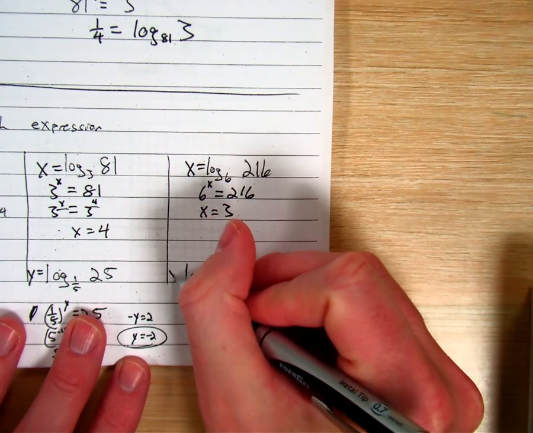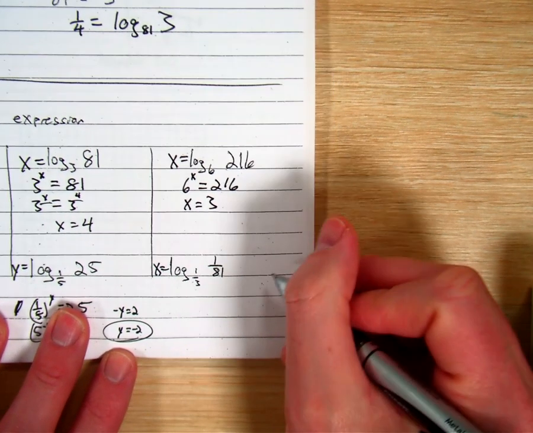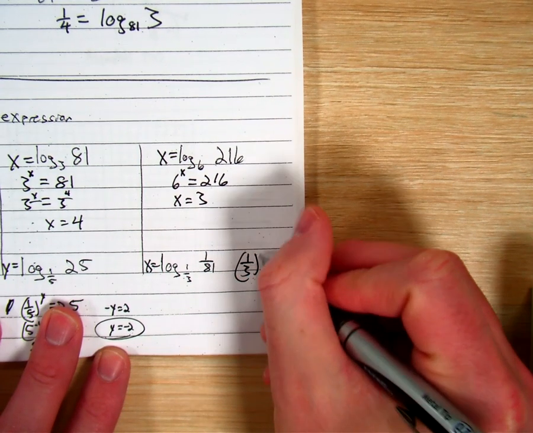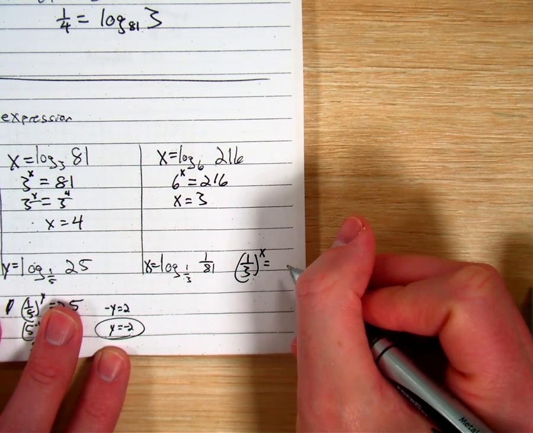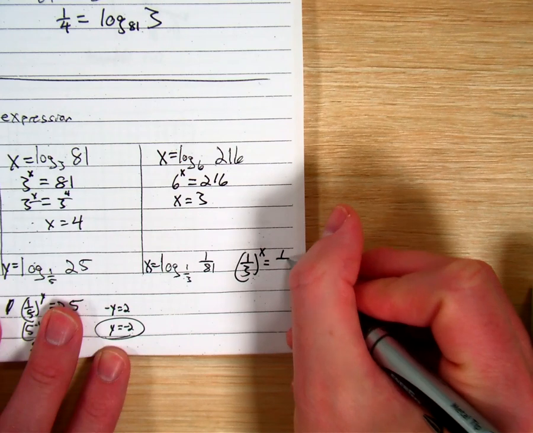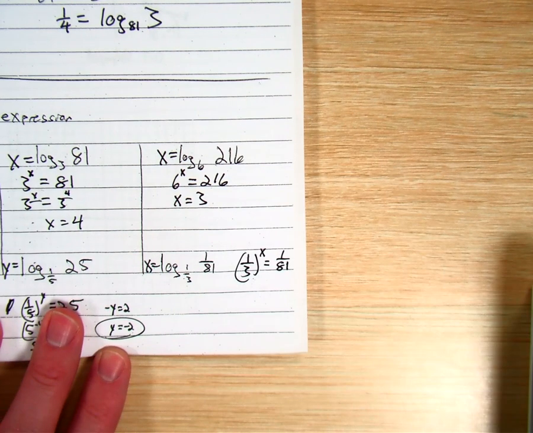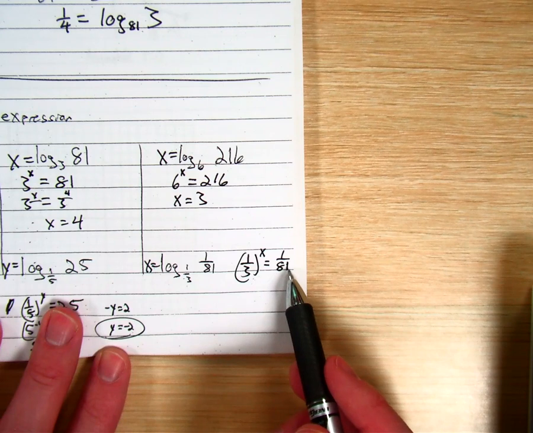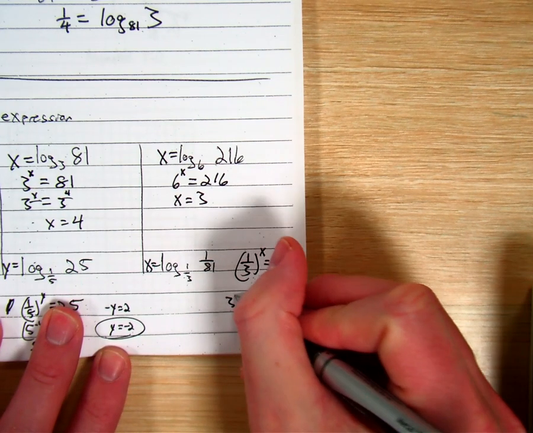Tricky one over here. What is the power of 1/3? So 1/3 to the x equals 1/81. These are both upside down. We can make them both be 3's.